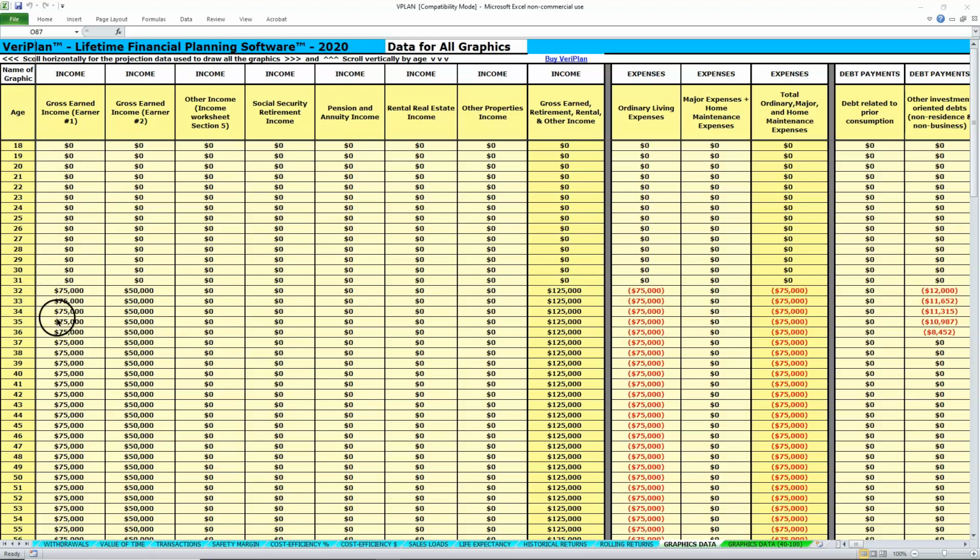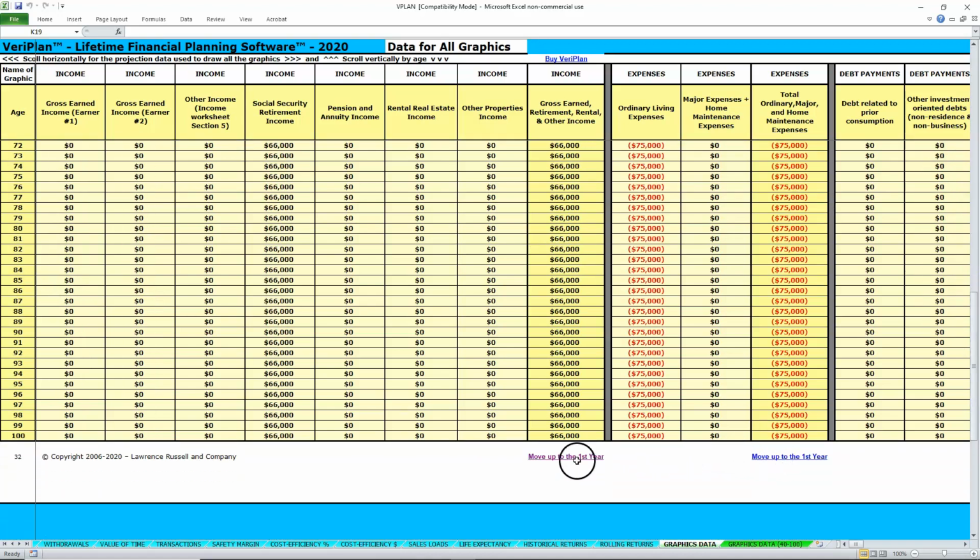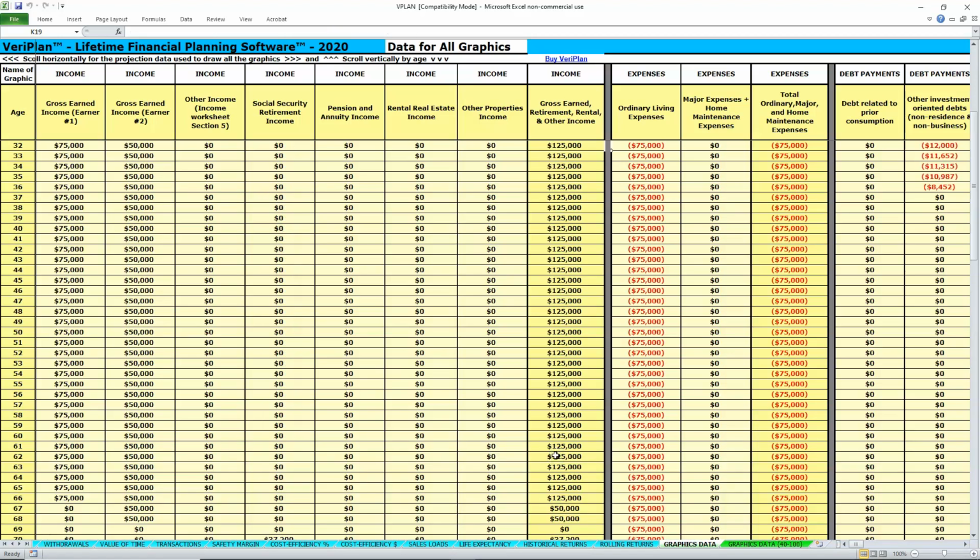You will notice that earned income data begins at age 32 with the initial age of earner number 1. If you scroll down to the bottom and click any of these blue links entitled Move Up to the First Year, you will automatically jump up to the top of the page, and the top will now align with the age of earner number 1.